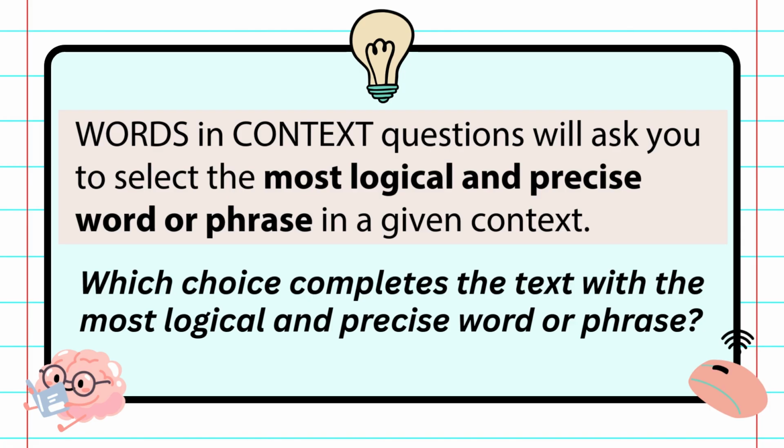Words and context questions will ask you to select the most logical and precise word or phrase in a given context. They will specifically ask, which choice completes the text with the most logical and precise word or phrase? A precise word is one that means exactly what it should in a given situation. It will fit its sentence perfectly and reinforce the text's meaning.